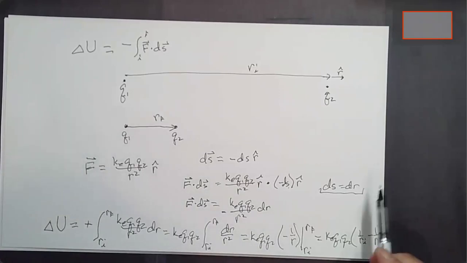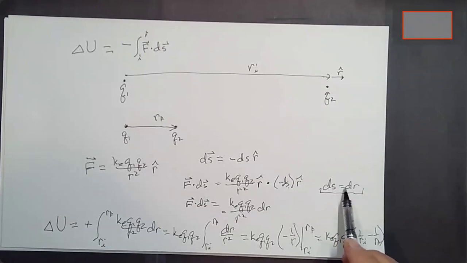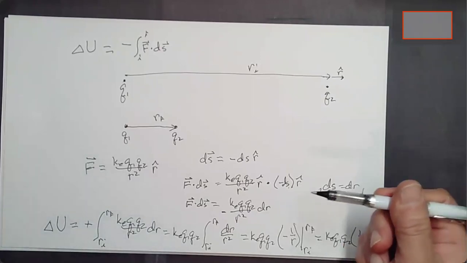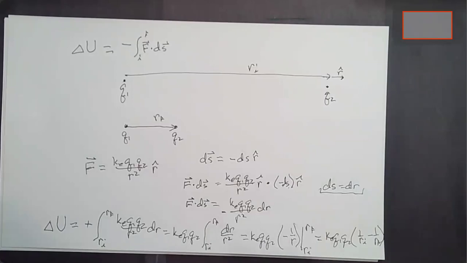I probably should have had ds being the negative of dr, because ds points, well, I kind of had it that way.